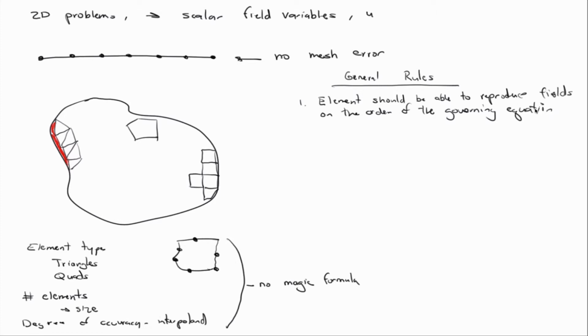In other words, it's real popular now to do phase field modeling. And there's a so-called fourth order phase field theory. So you have to solve it like a fourth order PDE to solve for this scalar field. Well, you can't solve a fourth order PDE if you have a linear interpolant element, right?